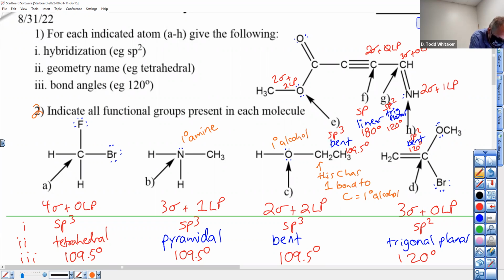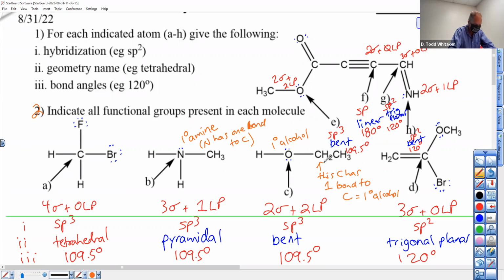We did not look at the oxygen like we did here. Here's a reminder. N has one bond to C, which is why it's primary. Alcohols don't look at the O. Do not look at the O. Look at the C attached to the O. Classify it. How many bonds to C does this C have? 1. Primary.